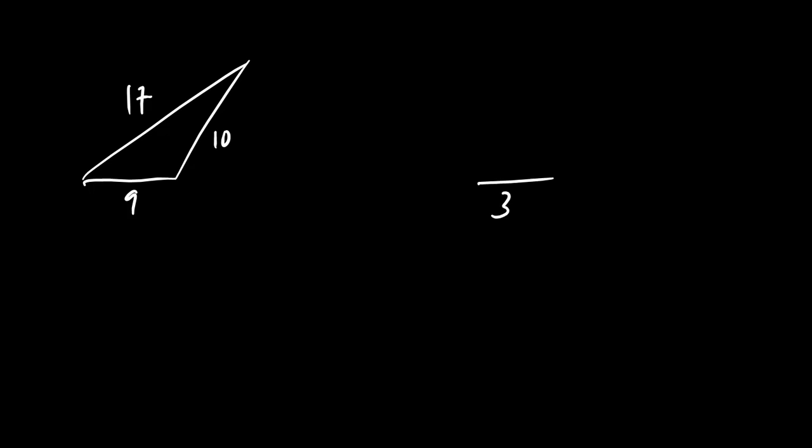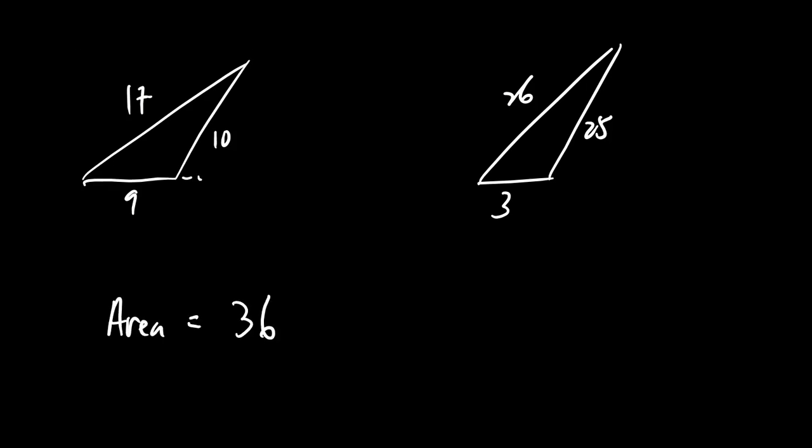Another example: 9, 10, 17 and 3, 25, 26. Both have area equal to 36, because there is 8 and 6 for the first, and for the other one, 7, 24, 25.